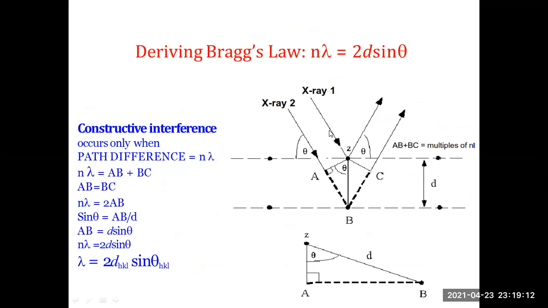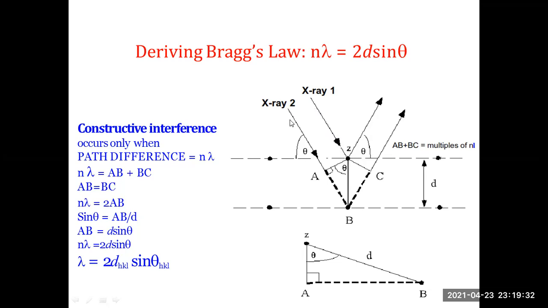When the X-ray beam is incident on the atomic layer, this is the first atomic layer and this is the second atomic layer. Some X-ray beam will be incident on the first atomic layer, and they are getting reflected back, right?